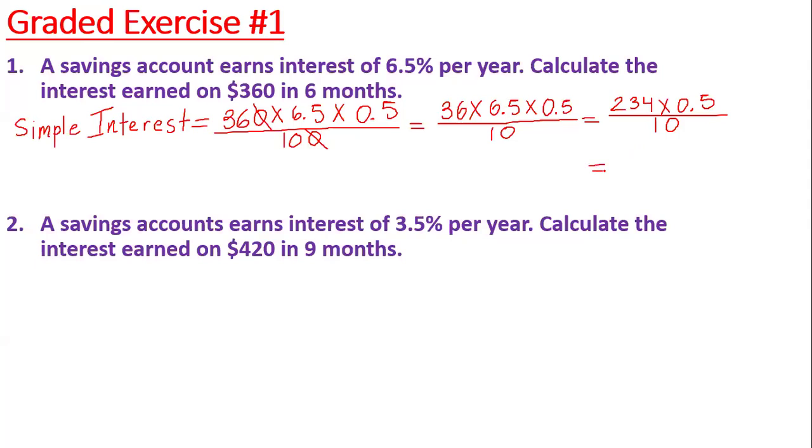It's equal to 234 multiplied by 0.5, which is what? 117, all over 10. Very good. It's going to be equal to what y'all get as a final answer when y'all divide these two. 11.7.